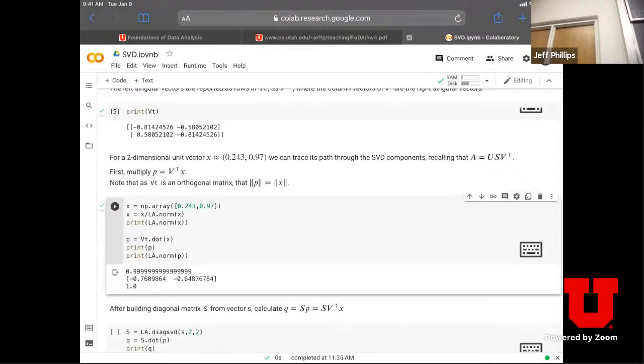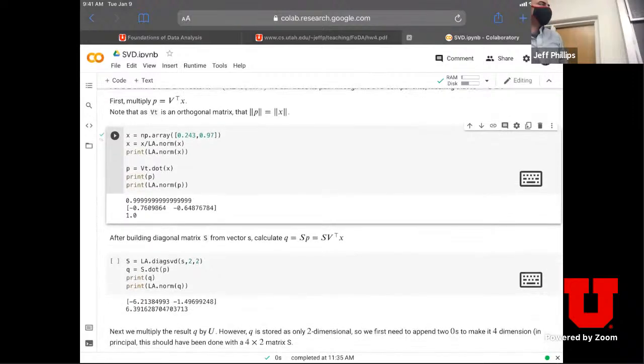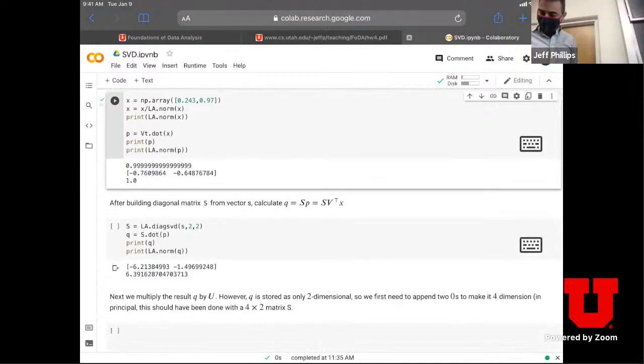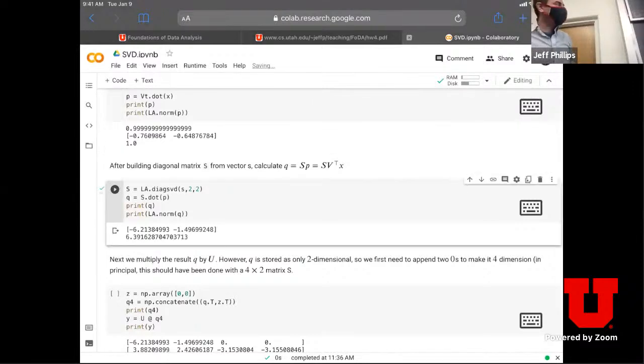And then I do V transpose dot X, and I get back P, which is this vector about where I drew it, negative 0.76, negative 6.4, and the norm is 1, just like we intended, multiplied by S. Okay, so what I've done is I've turned S back into a 2x2 diagonal matrix so that I can multiply it.